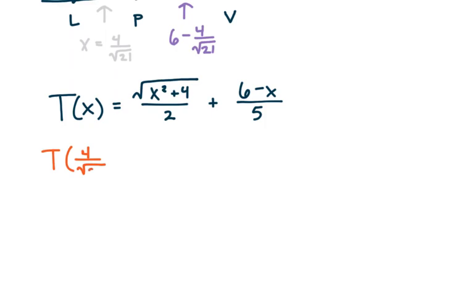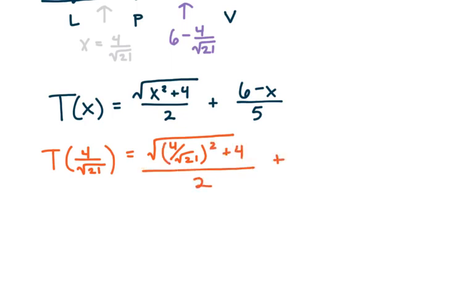to get to the coastal village when she rows to a point, 4 divided by root 21, approximately 0.87 miles away from where she is, would be the square root of 4 over root 21 squared plus 4 divided by 2 plus 6 minus 4 over root 21 divided by 5.